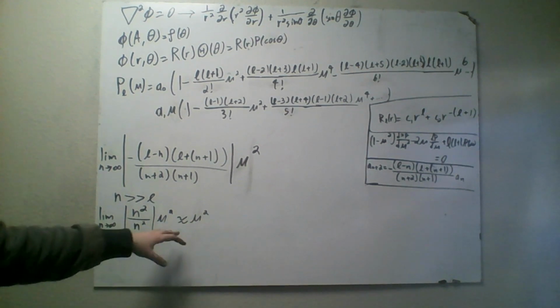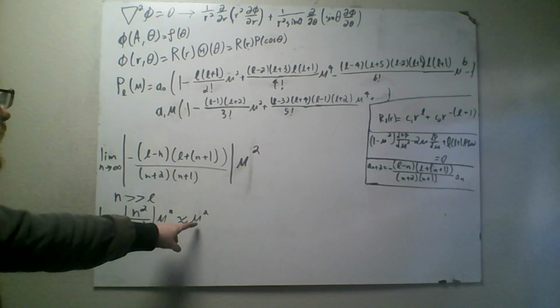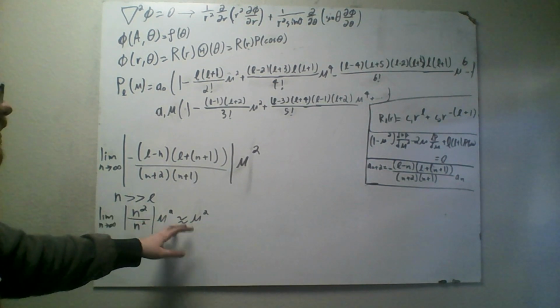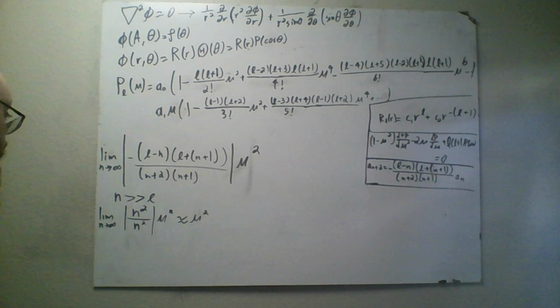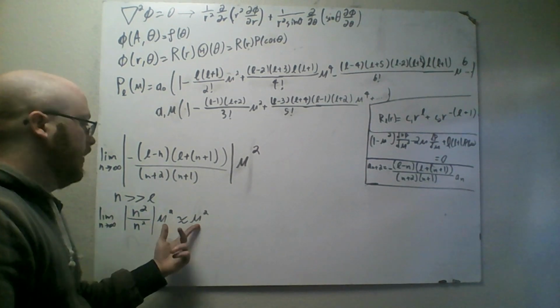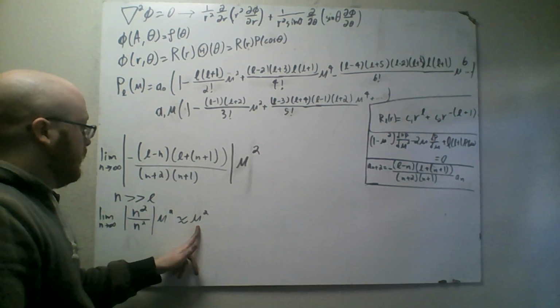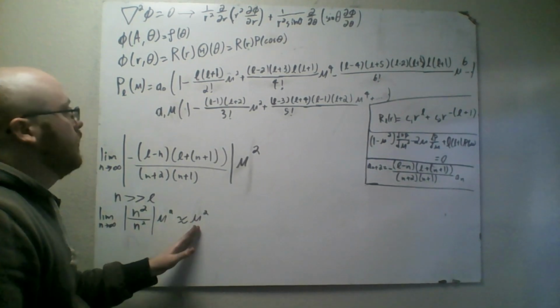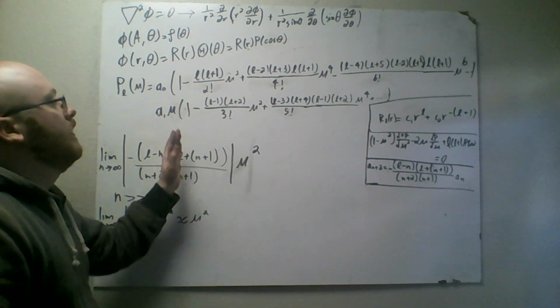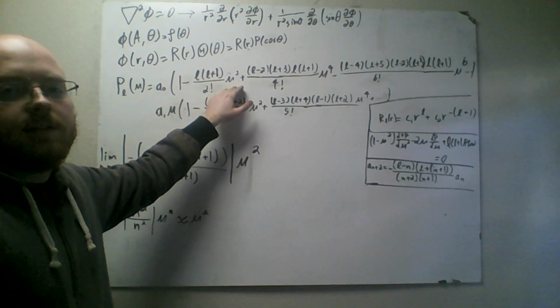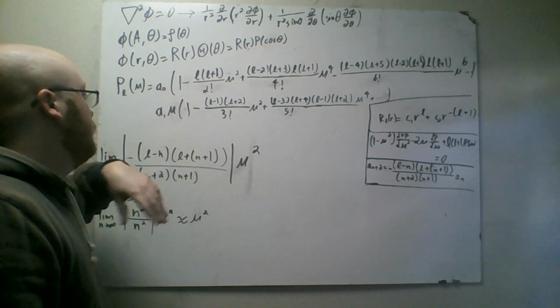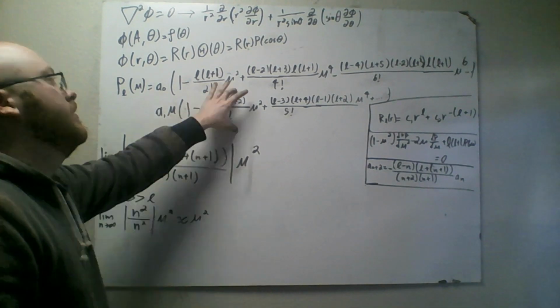We need this to be valid for all our mu, and we need this to be valid for mu equals 1 at the very least. We might want more, but we want it to be valid for at least mu equals 1. So we have a bit of an issue, because if we let mu equal 1, then this diverges. It doesn't converge. So we can't actually use this.